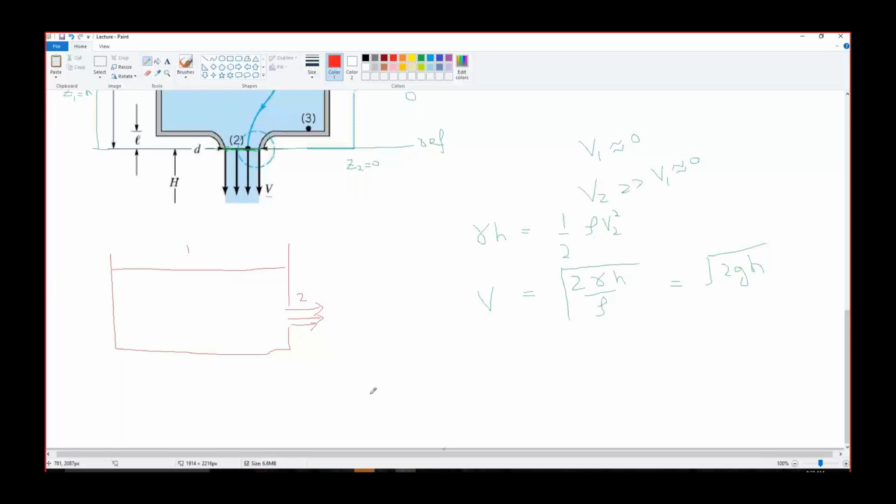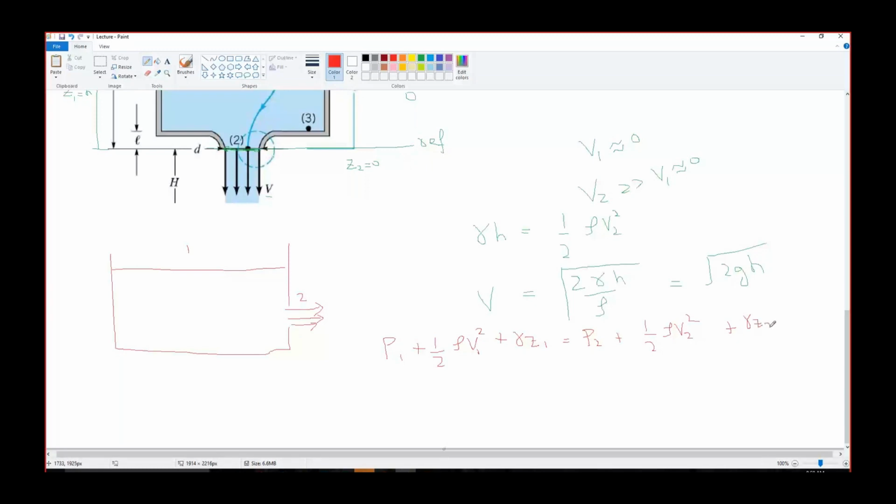The Bernoulli equation would be P1 plus half rho V1 square plus gamma Z1 equals P2 plus half rho V2 square plus gamma Z2.